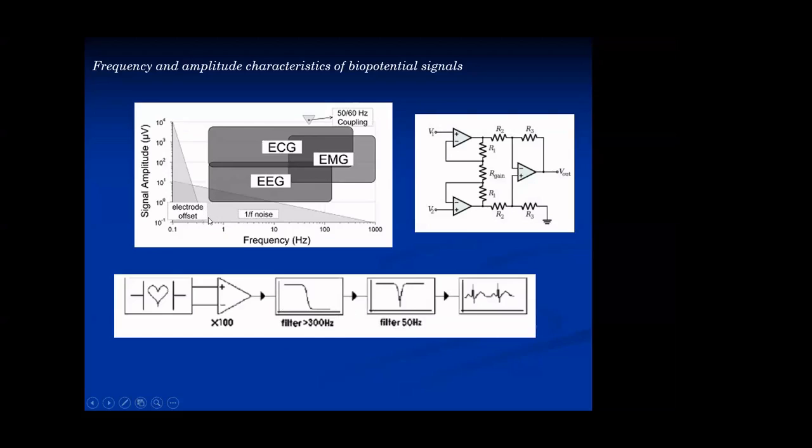And sometimes we'll use a high pass filter also, whose cutoff frequency is 0.5 hertz, so that the effect of electrode offset will be nullified. Then finally you will get the ECG record. So this is all about the analog signal processing.